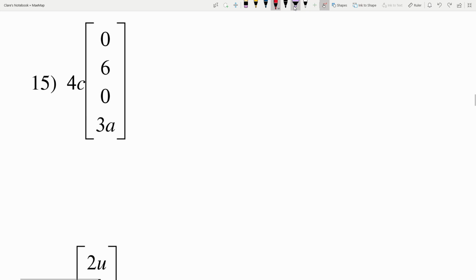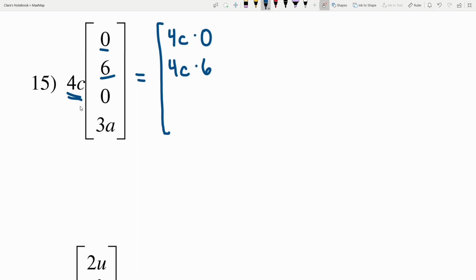In number 15, we're going to be scaling a 4 by 1 matrix, so that's going to result in a 4 by 1. So we'll have 4c times 0, then we'll have 4c times 6, then 4c times 0, and then lastly 4c times 3a.